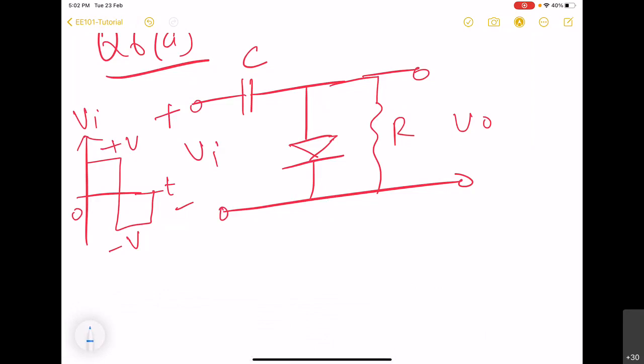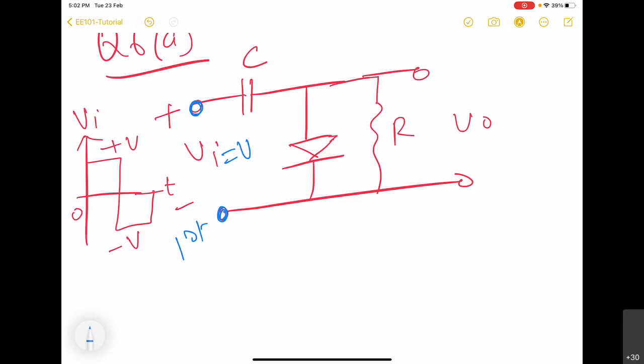Okay, so here also we will have to find out what happens to the diode during each half of the input. And as I pointed out, we basically need to find out the status of the voltage across it, in which direction it is, because we are considering an ideal diode. So here we see that in the beginning, assuming that there is no charge on the capacitor, what we have is only positive voltage equal to V. So this is the first half scenario.